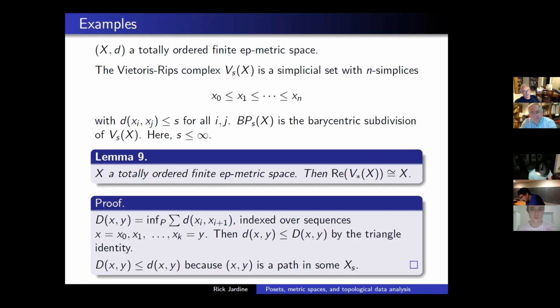Well, if you think about it, any subset of X consisting of elements distance less than or equal to s apart has an ordering that it inherits from the ordering on X, and that gives you these relations. So that's what Vietoris-Rips is as a simplicial set in the presence of a total ordering, and this is what any of these simplicial complex constructions from days of yore would be like in the presence of a total ordering. So total ordering becomes kind of important, although you can always cook one up.